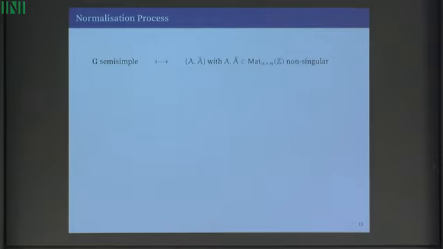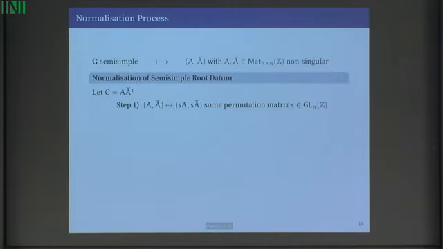Okay, so what I want to do now is think about a normalization process for semi-simple root data. So I want to get this into a reasonably normal form. Okay, so I'm going to assume I have my pair, and the product is going to be a Cartan matrix. Well, someone may have given you a really weird Cartan matrix that you don't like. But Cartan matrices are fairly well behaved. Root systems decompose as a direct sum of irreducible root systems.